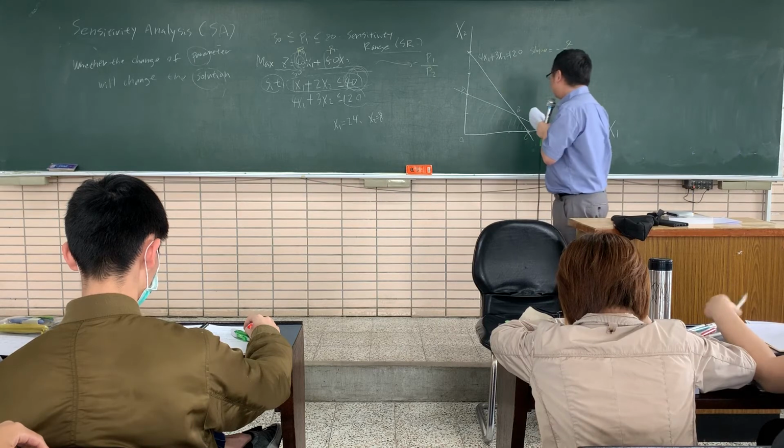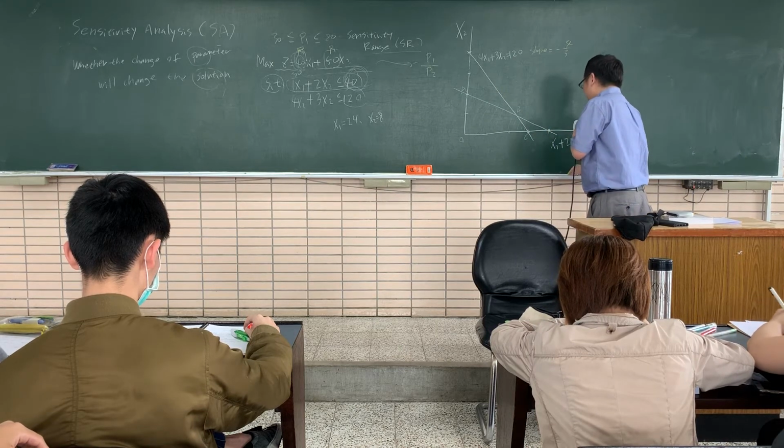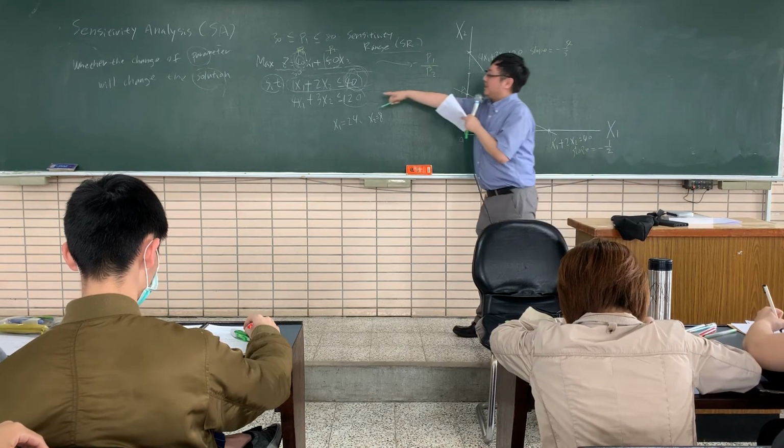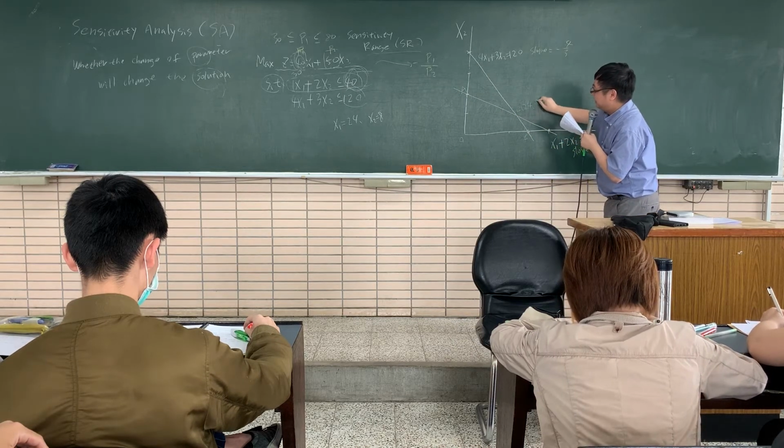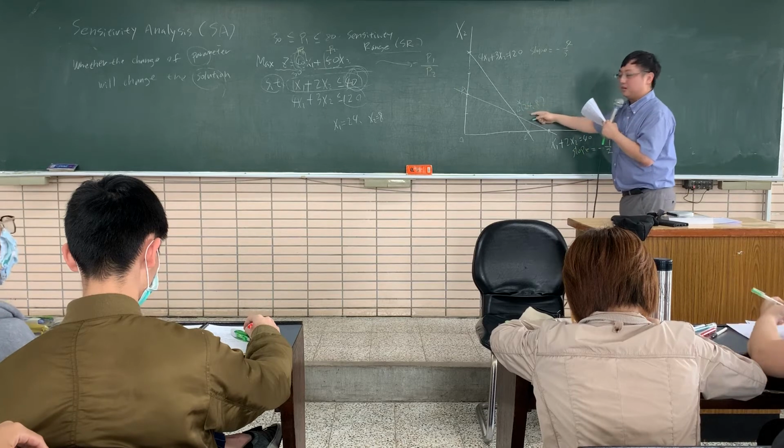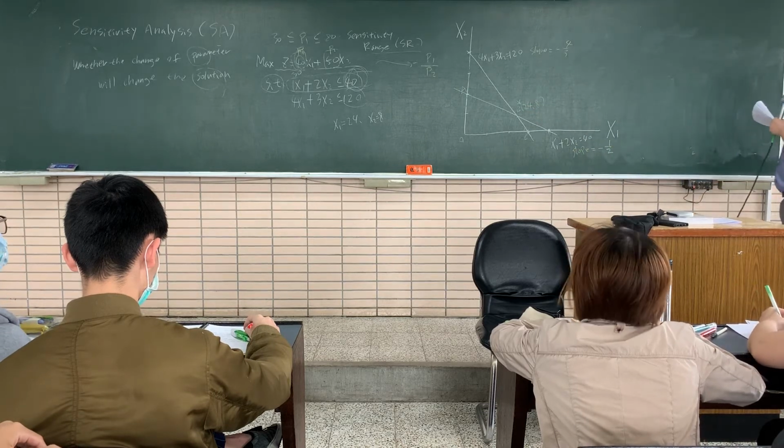Now the difficult part begins. In the original one, which solution? Our optimal solution is, remember, point B. This is the original optimal solution.